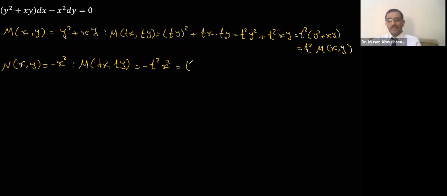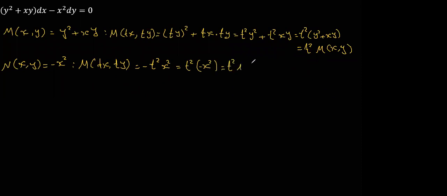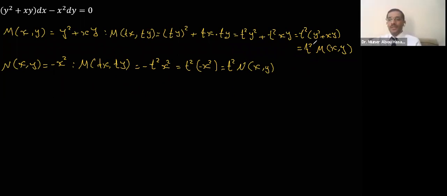I can write this as t squared times negative x squared, so it is t squared N(x, y). So this is degree 2 and this is degree 2, so I can say my equation is homogeneous of degree 2.